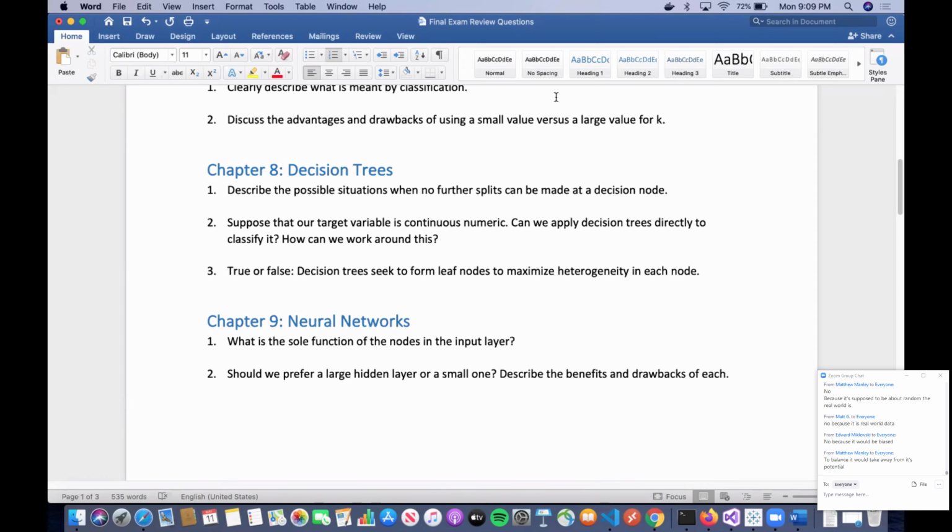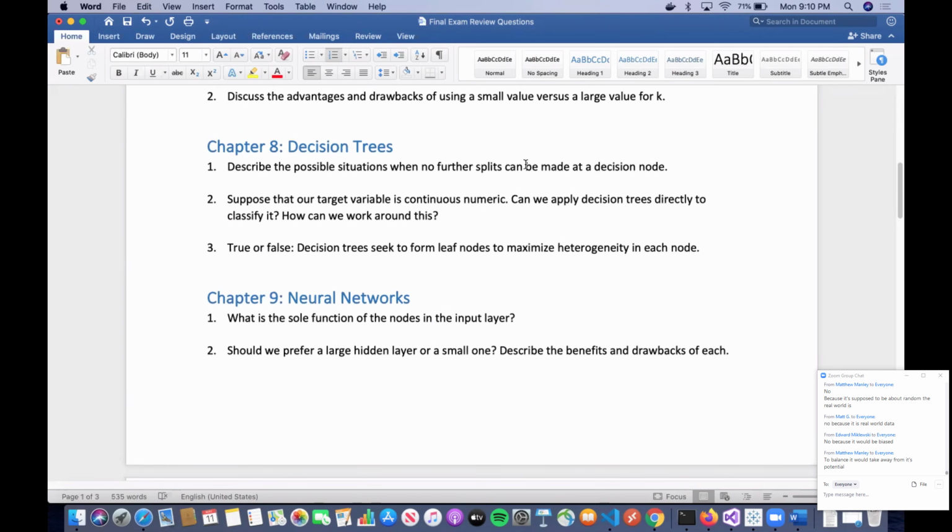However, if you were to choose a larger value for k, then the model is less likely to be influenced by noise, but it may cause your model to completely overlook extreme conditions or rare conditions, generalizing the new observations to the larger mainstream of classes.